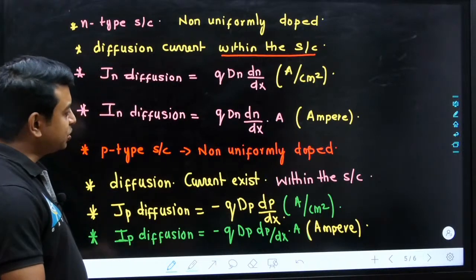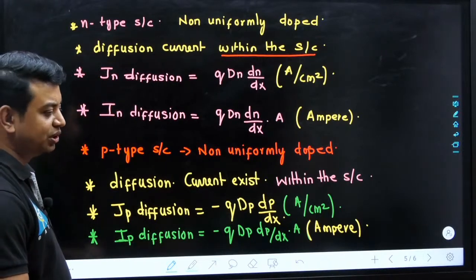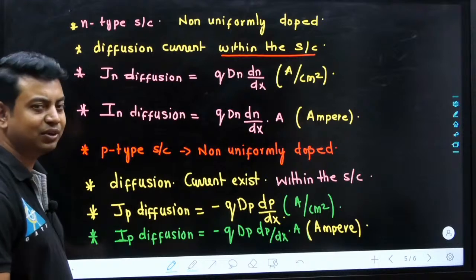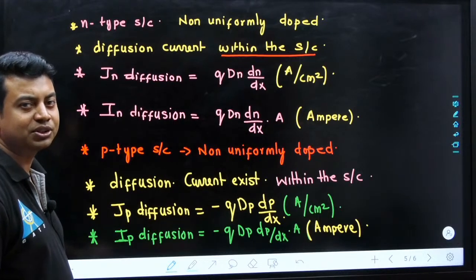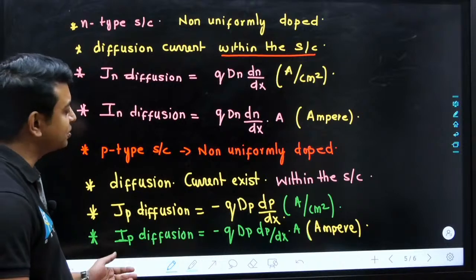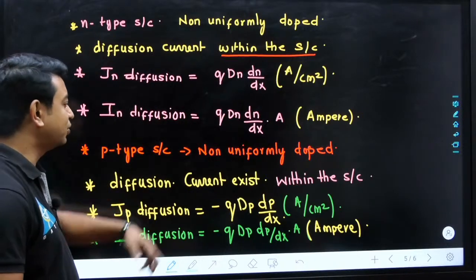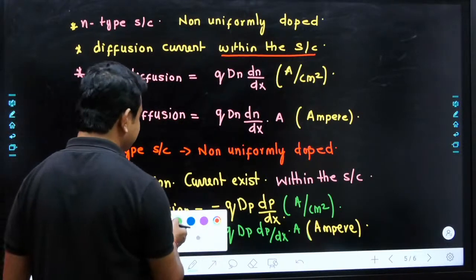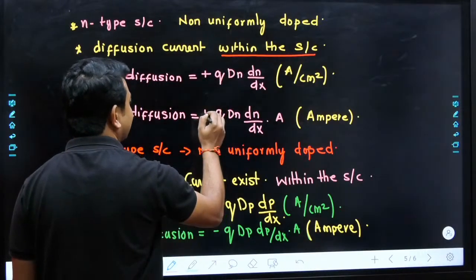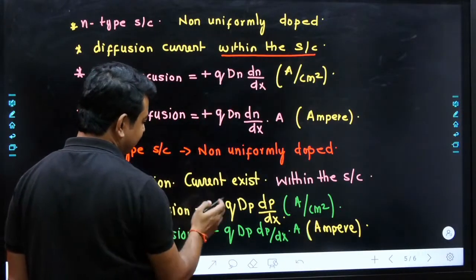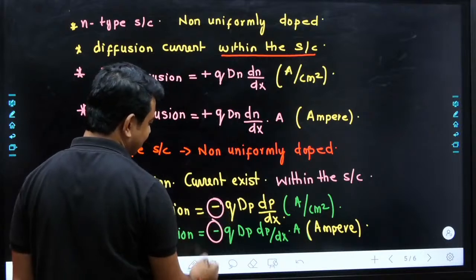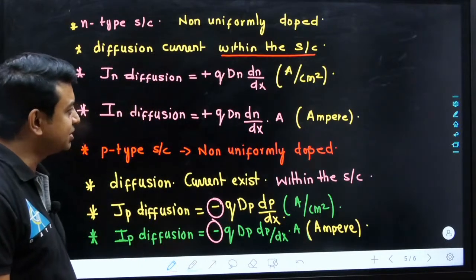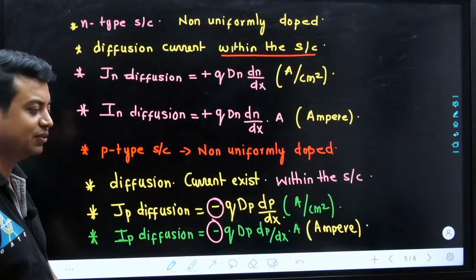Okay, I think you understood what is the importance. So don't think twice. Whenever we are having the current due to the presence of non-uniform electrons, then we have to put a positive sign. I just explained the importance of this positive and negative sign, and we just have a negative sign here, so don't think twice while putting the positive and negative signs.